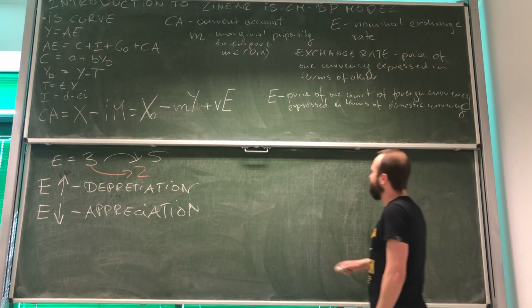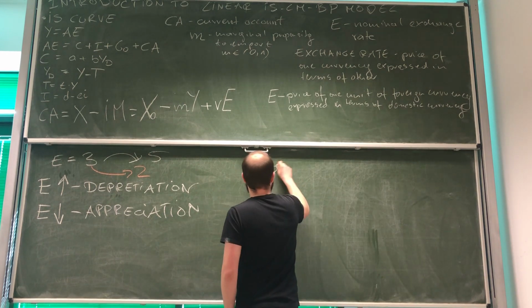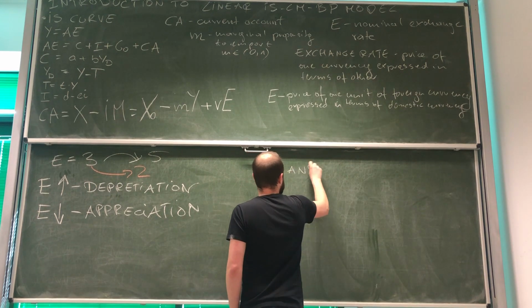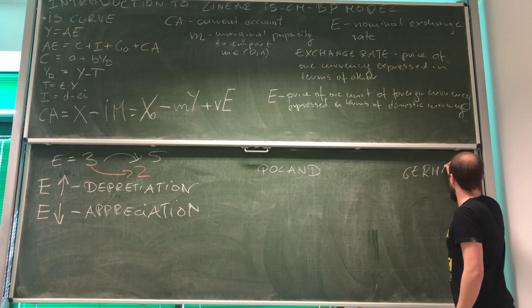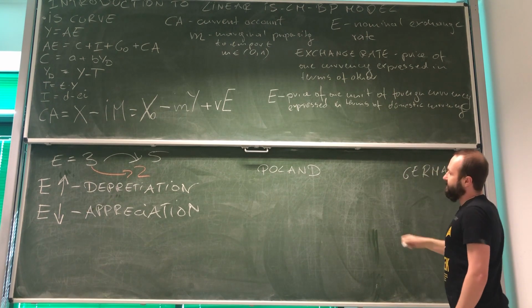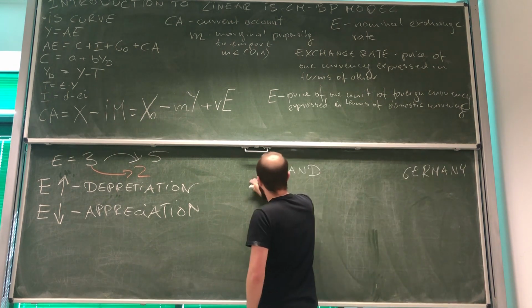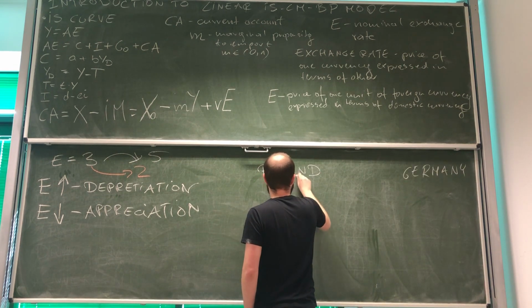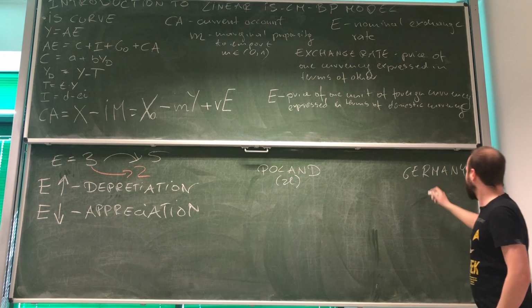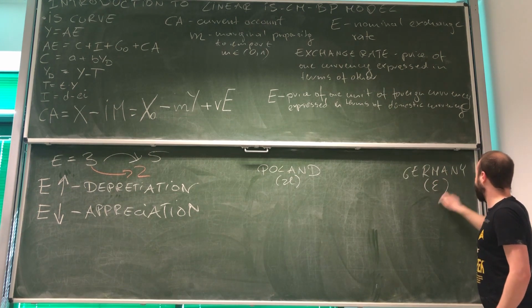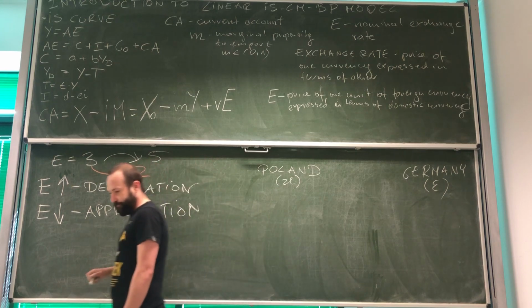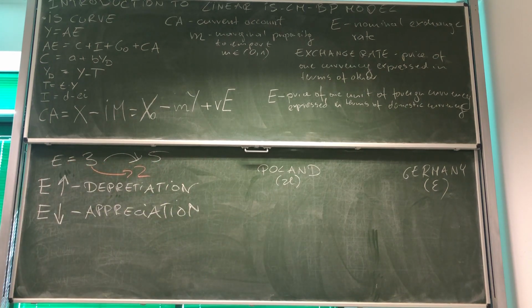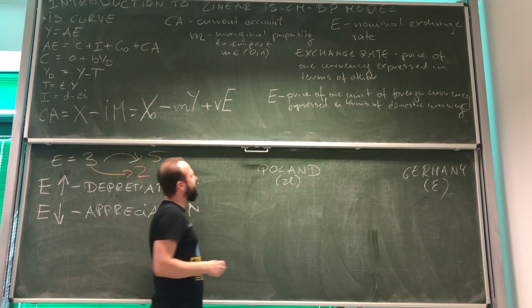Let's imagine that we've got two countries. One is Poland and one is Germany. Okay, currency in Poland is Polish zloty. In Germany is euro. Okay, so now, let's also take perspective.